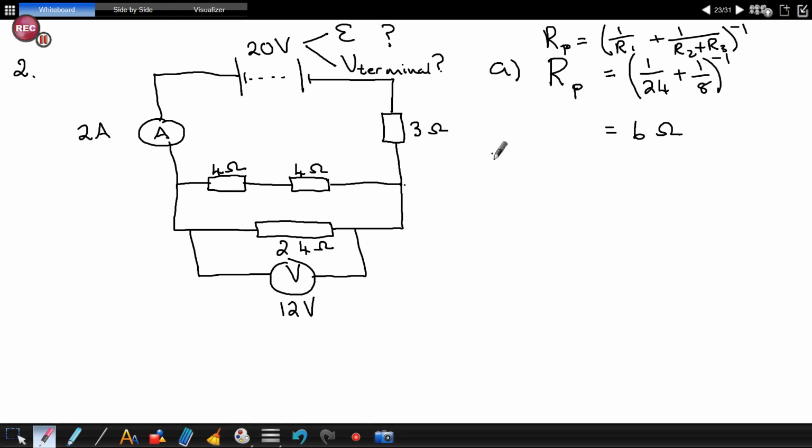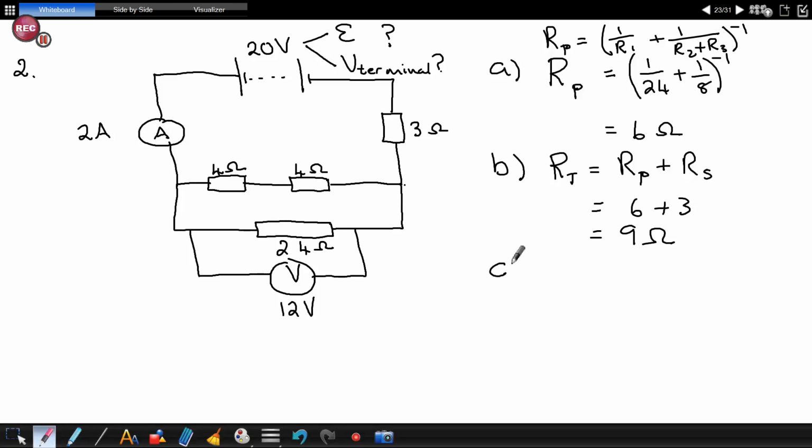Then B, they ask for the total resistance. Total RT, the total resistance. That would be the parallel resistance plus the series resistance, and that would be 6 plus 3, which is 9 ohms. So this question is rather easy. And then number C, they ask for little r. How are we going to get little r now?